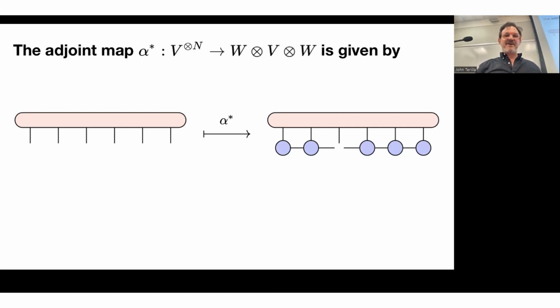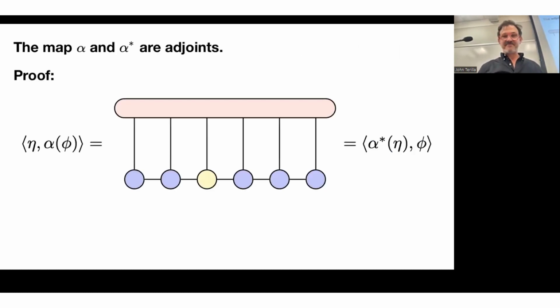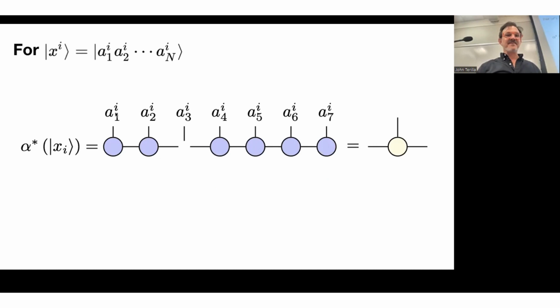So how does this alpha star of xi work? Well, remember, this is the map alpha star. So xi will be one of these pink blobs, and I'll just attach it to the MPS like this. So if xi is a particular sequence, I just put in those numbers or those elements from my alphabet, and then I get a tensor like this, which has 3 open indices, which is a little 3 tensor.